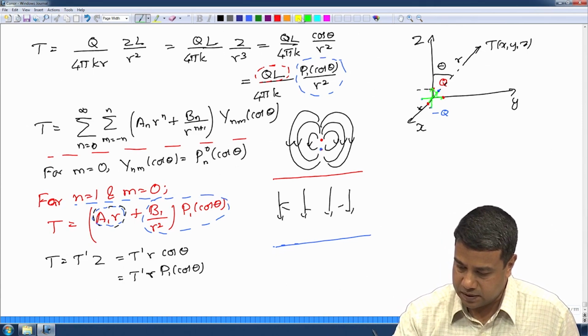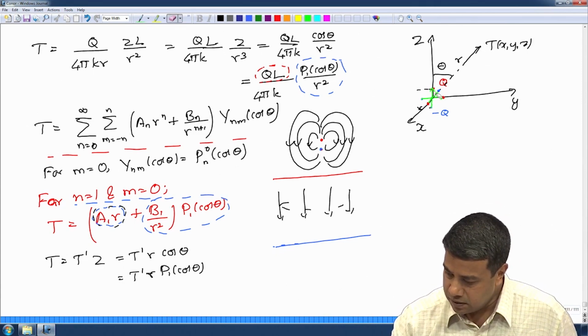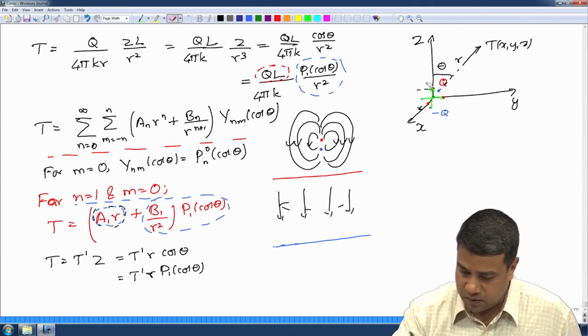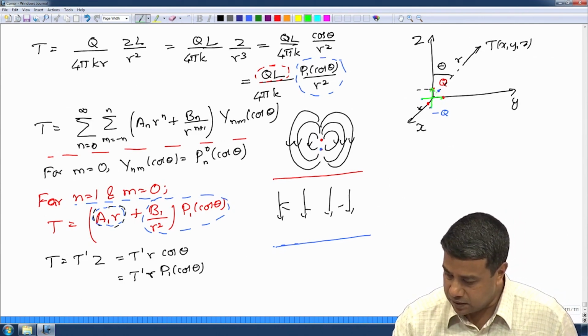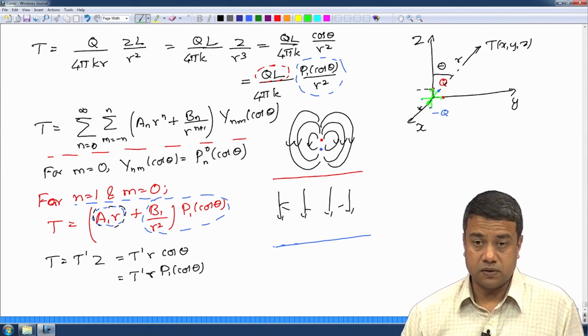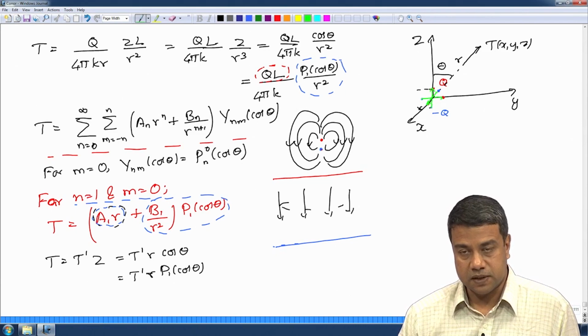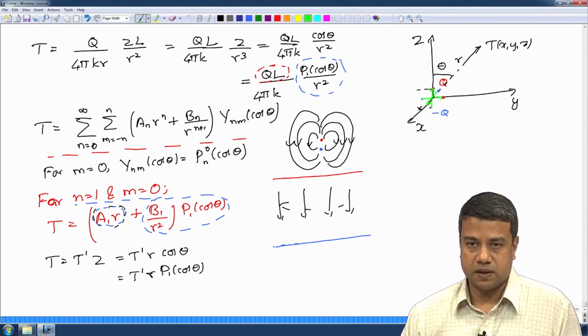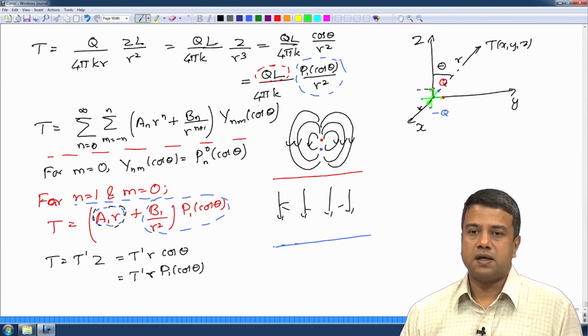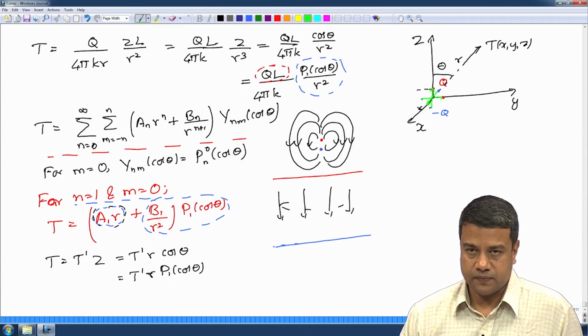I am sorry, I should write the 3 dipole moments aligned along the 3 coordinate directions. So those are the 3 solutions for n = 1, m = minus 1, 0 and plus 1. These are all dipoles, combinations of a source and a sink of equal magnitude in such a way that the net source is 0.